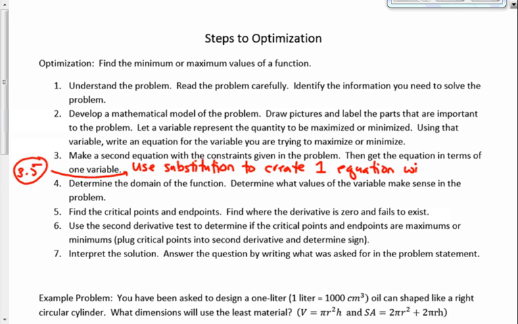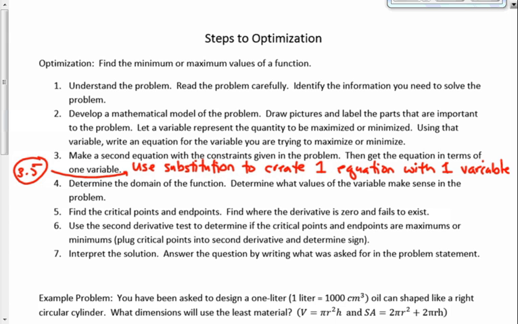So this is similar to related rates, where we had to take a word problem, create an equation that we were going to work with, and then we needed one variable with that. So it's the same idea that we've done with related rates, except we're doing it with optimization.